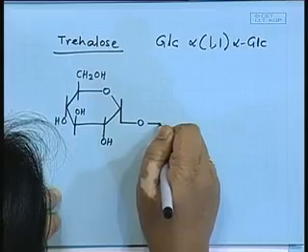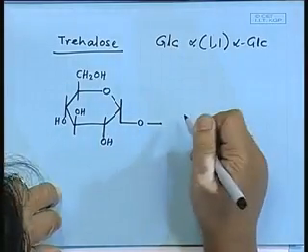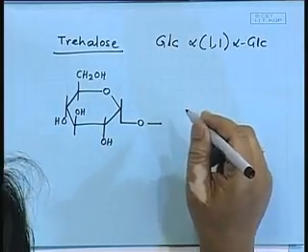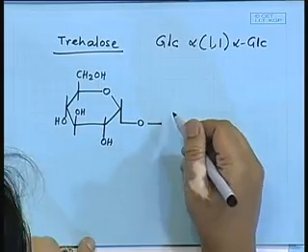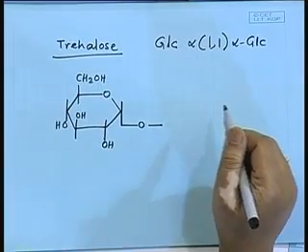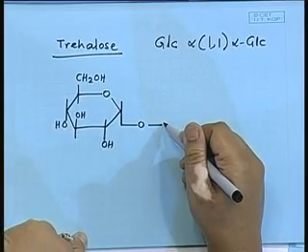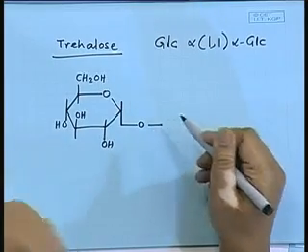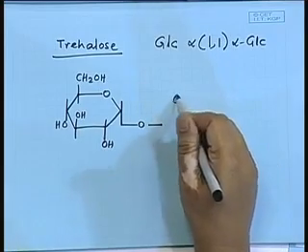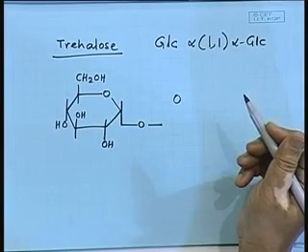Okay. Now, what happens to the other one? How do I write this? Now, I have it linked to number 1. So, my oxygen has to be, where does my oxygen have to be? It has to be here, right?